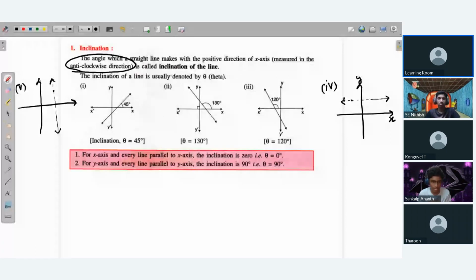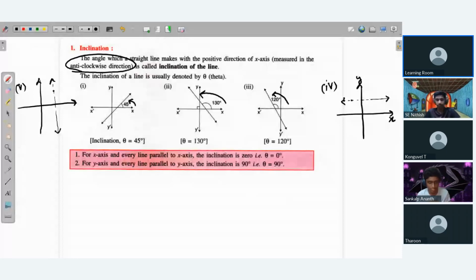Like 45 degrees is anti-clockwise, from the x-axis. From the x-axis we start and then see how much angle the line is making.